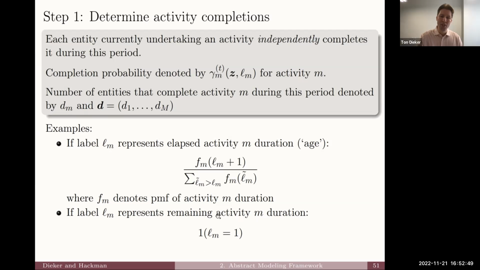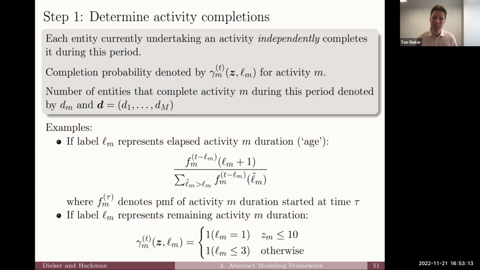And if the label represents remaining activity duration, then you leave if and only if your remaining activity duration is 1.